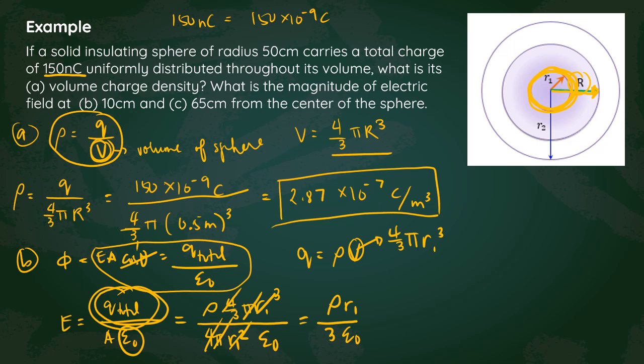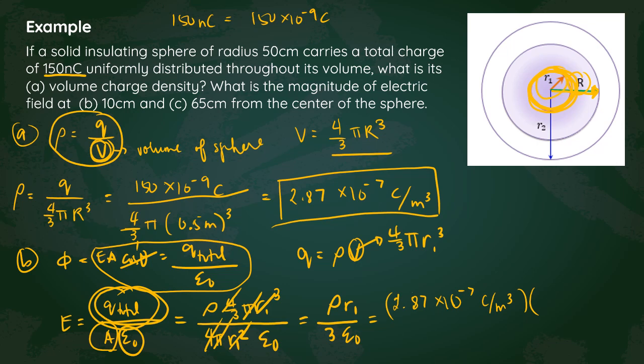This formula for electric field is from Gauss's law, where we changed the expression for Q total and, of course, used the formula for the surface area of the sphere. Now we can substitute our values. Your volume charge density is 2.87 times 10 raised to negative 7 coulomb per meter cubed, times your radius.